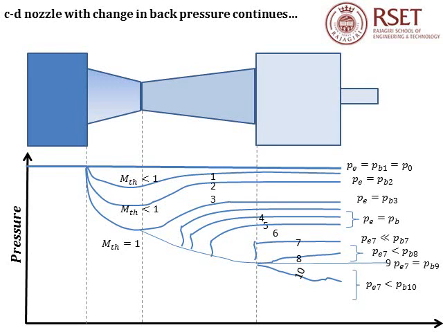That is, we have the exit plane pressure same as that of the back pressure, and the flowing fluid is continuously accelerated through the CD nozzle. Hence, we have a supersonic flow at the exit of the diffuser that flows smoothly into the settling chamber, which is represented by the smooth line number 9.